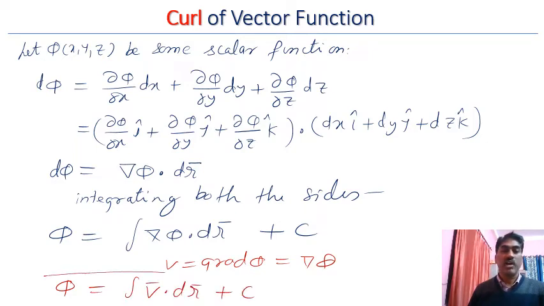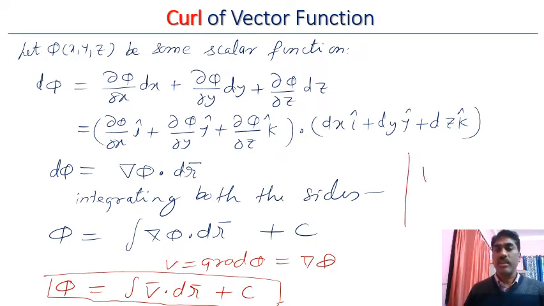So this is how we find this scalar function. Whenever vector v is irrotational, meaning its curl is 0, it can be written as v equal to the gradient of some function, and that function phi can be obtained by this formula.